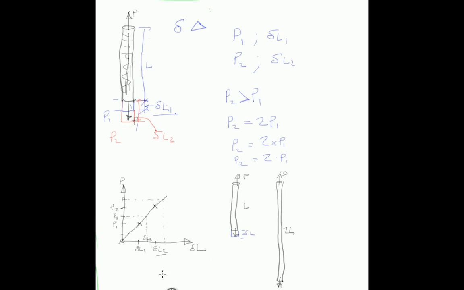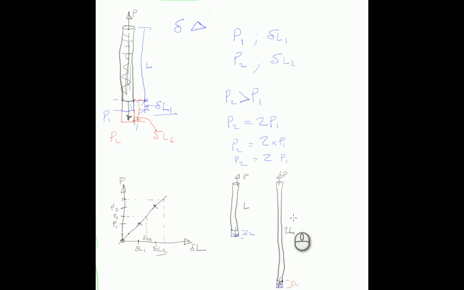So delta L. If we now look at this sample, perhaps intuitively you can get a feel for this, that for this rod here, it doesn't seem right that this is the same extension here, delta L. And in actual fact, we will find that delta L is larger.